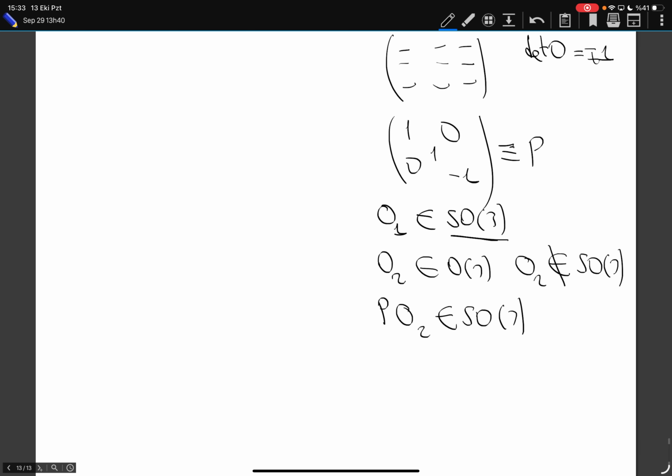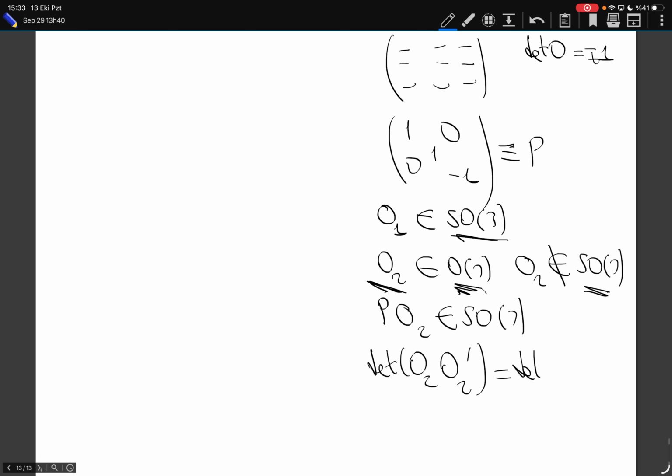You see, SO3 itself is a group. O2, those are elements of O3 that are not elements of SO3. They are not a group, because if you multiply any two elements of O3 which are not in this special group, both of these are -1, the product is 1.